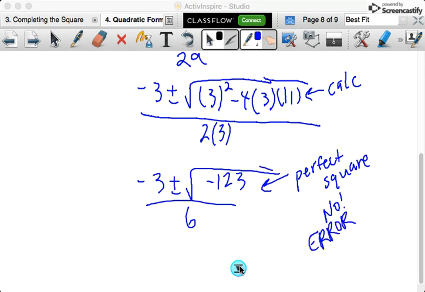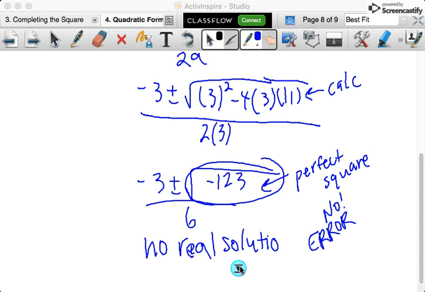So when this happens, when I get a negative under my square root, I'm going to call this a no real solution in this situation. My graph, if I were to graph this standard form, it's going to look something like, and now I don't remember my a term. My a term is positive. It's going to look something like this. There are no x-intercepts that are real.